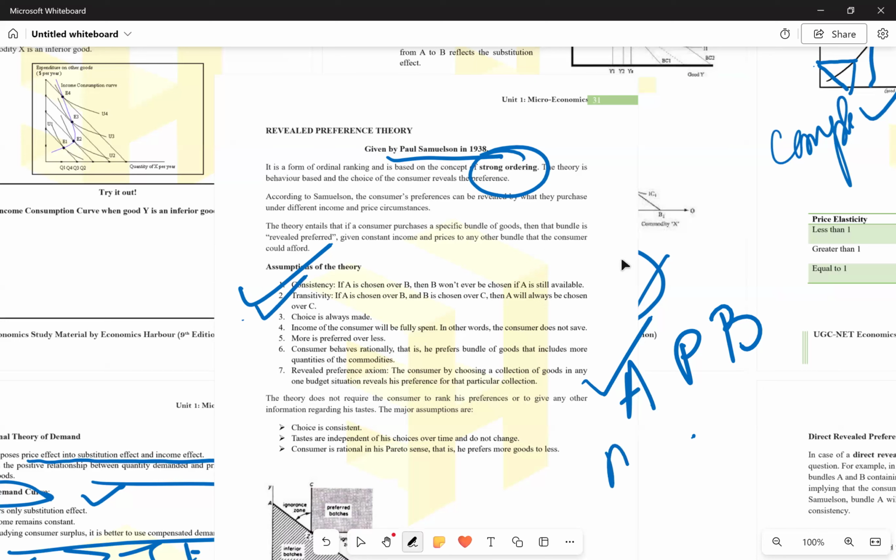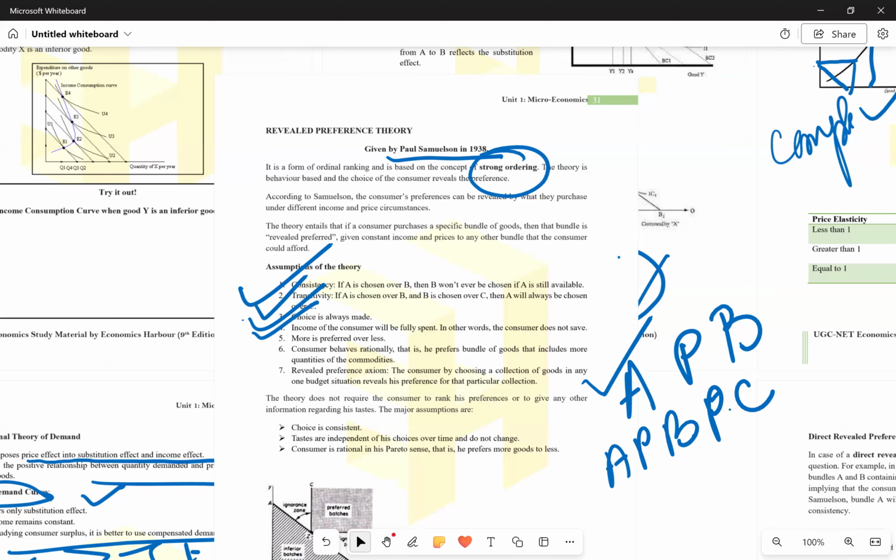If A is preferred to B and B is preferred to C, then A is always preferred to C. That's the transitivity case. Then, a choice is always made in this case. And then we do not take savings into account, so the consumer will spend his entire income.